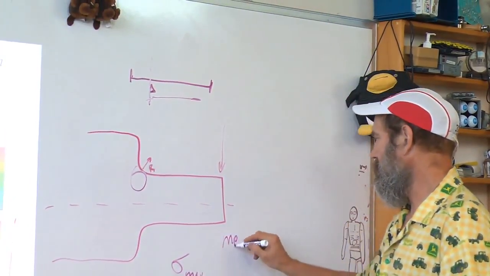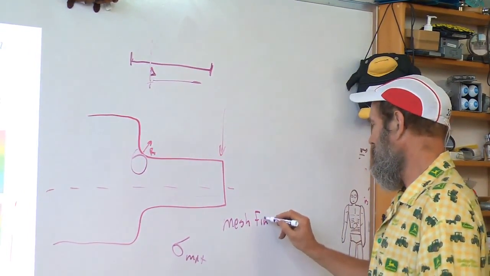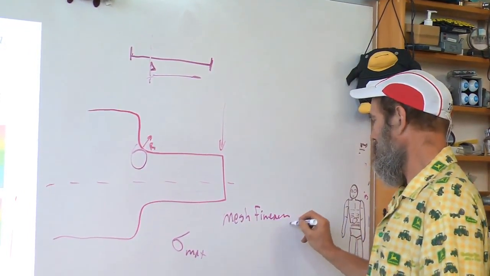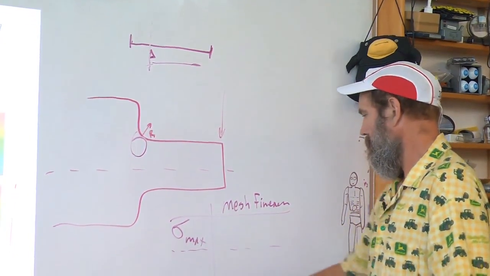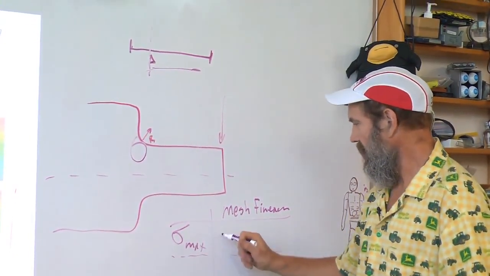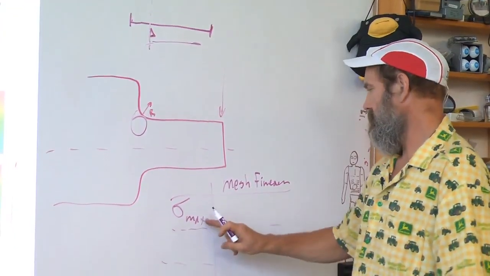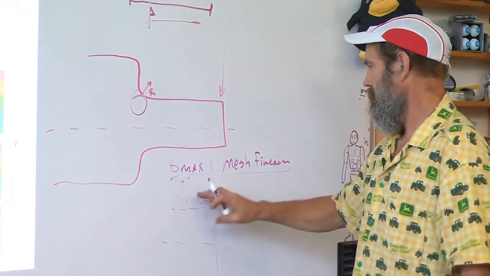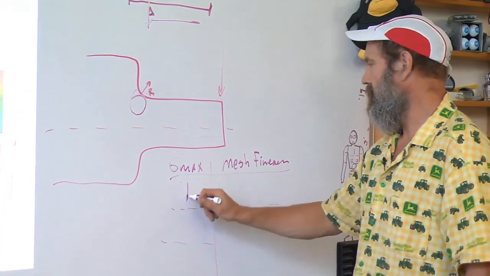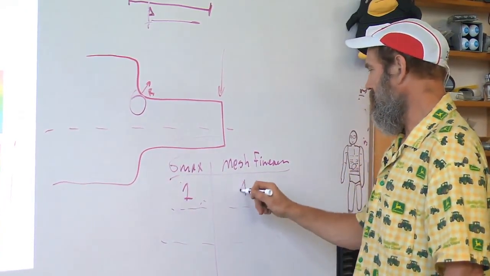We'll call this mesh fineness. You get a value of, let's say, 1 at a mesh fineness of 1.